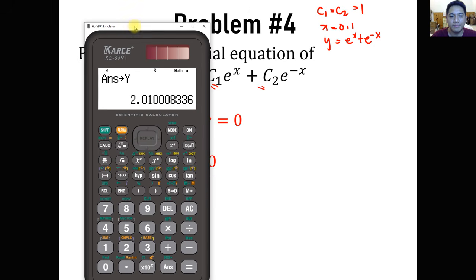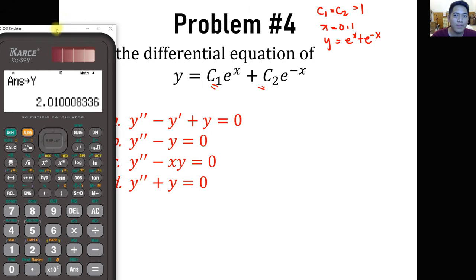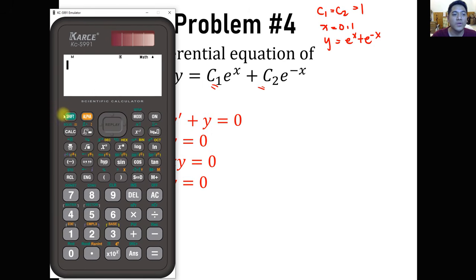That's our y. Again, we have two arbitrary constants, so we're going to solve the second derivative. So we have e raised to x again, and then plus e raised to negative x. So x is 0.1.